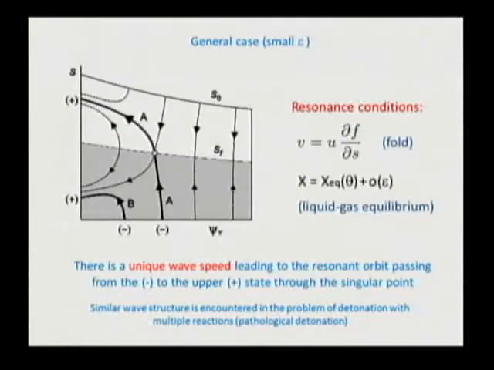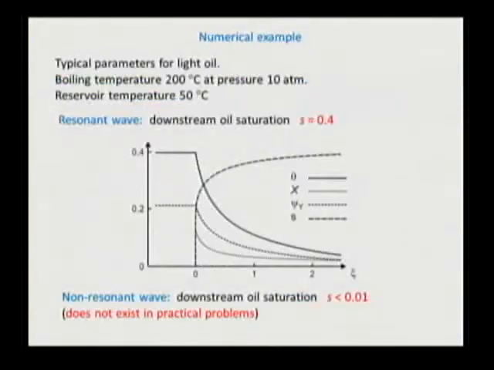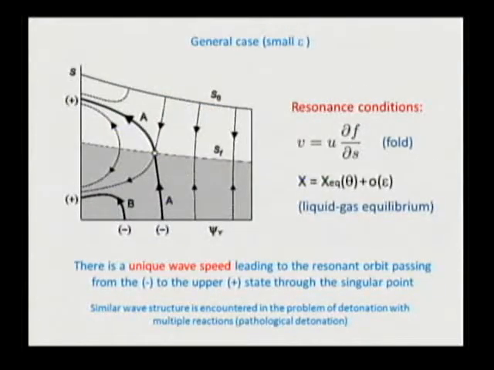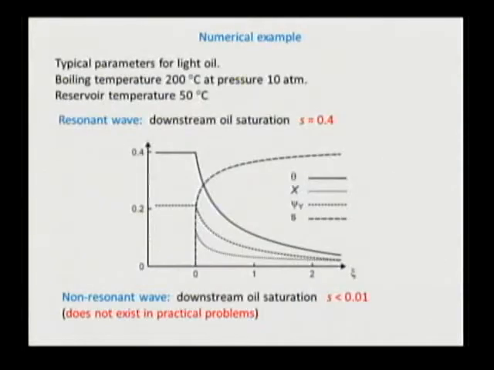We also found that this other kind of solution is really uninteresting. It only happens if the initial saturation of oil is below 1%, so it's certainly out of interest. So all the interesting physical solutions are those which go through the fold, pass through this singularity, and satisfy the resonance condition.